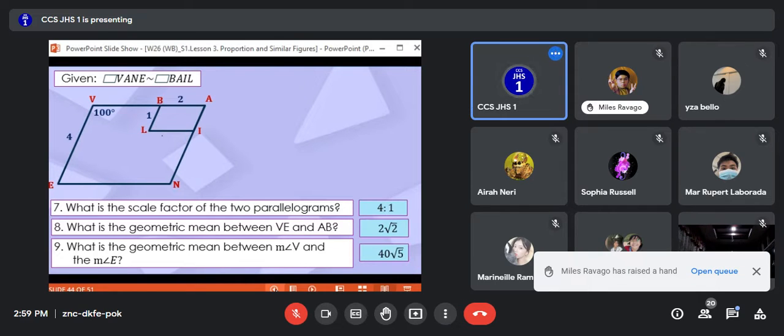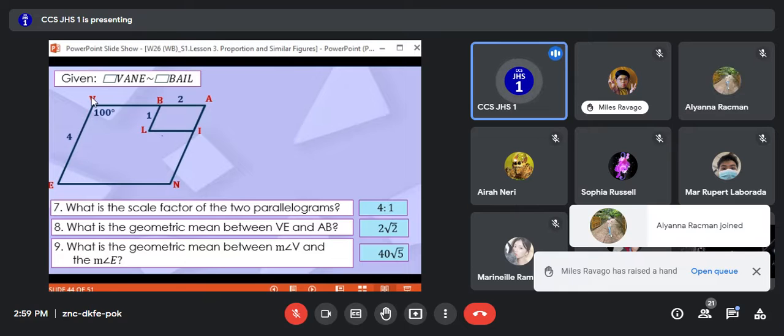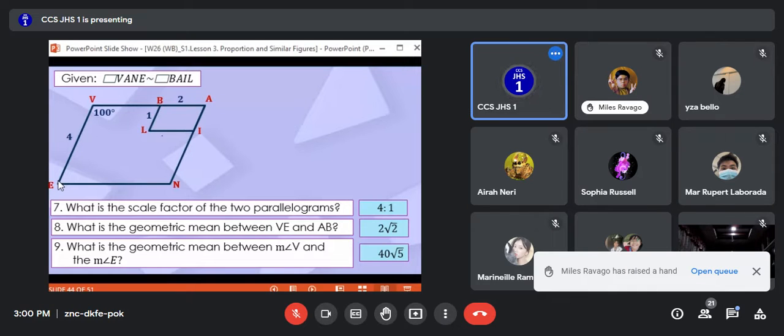Yes, Miles? Teacher, can we get the scale factor from the two parallelograms here? What is the corresponding side of VE to BL? How much is VE? It's 4. How much is BL? 1. So 4:1. You can no longer reduce that to the lowest terms, but if you can still reduce it, you have to reduce.